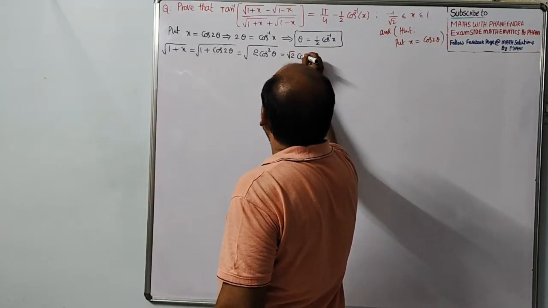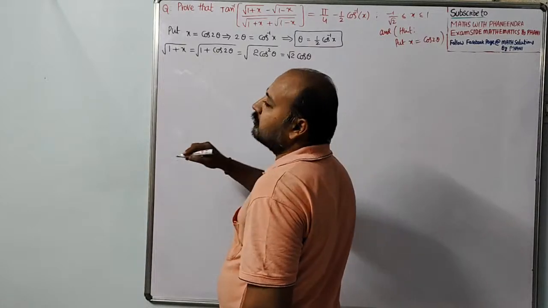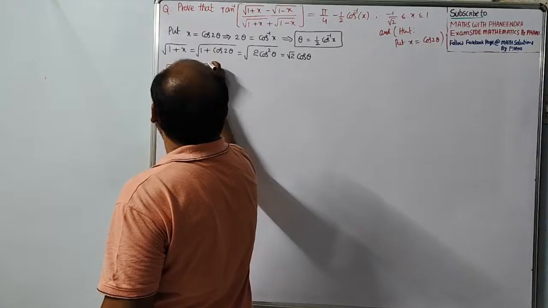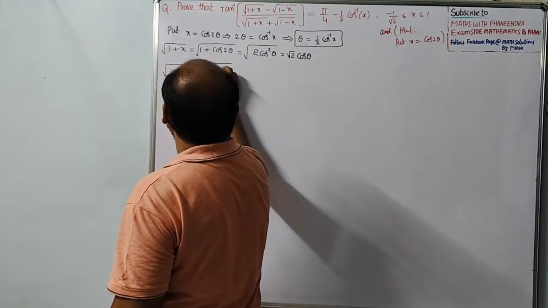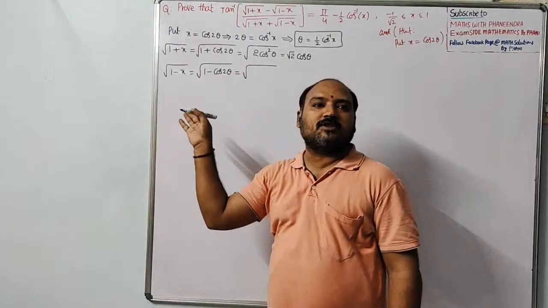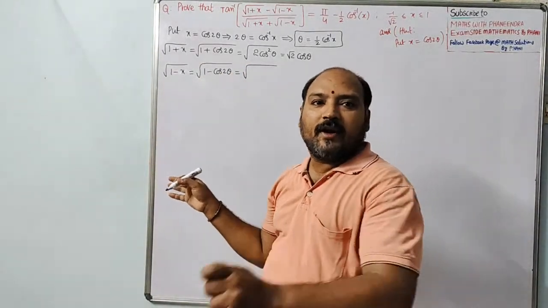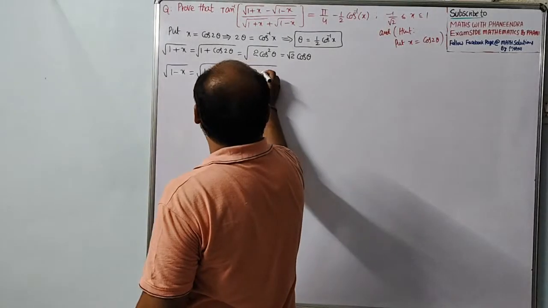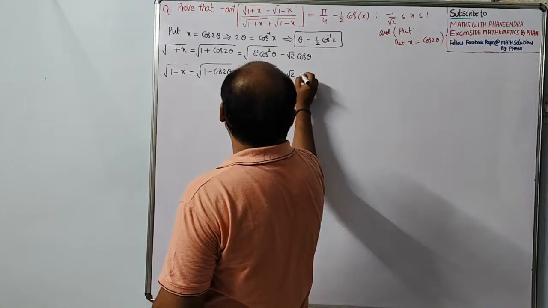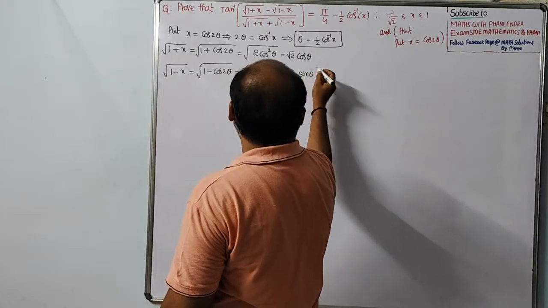Root means you will get cos theta only, no? So root of 1 minus x equals root of 1 minus cos 2 theta, which is root of 2 sin square theta, which is equal to root 2 into sin theta.